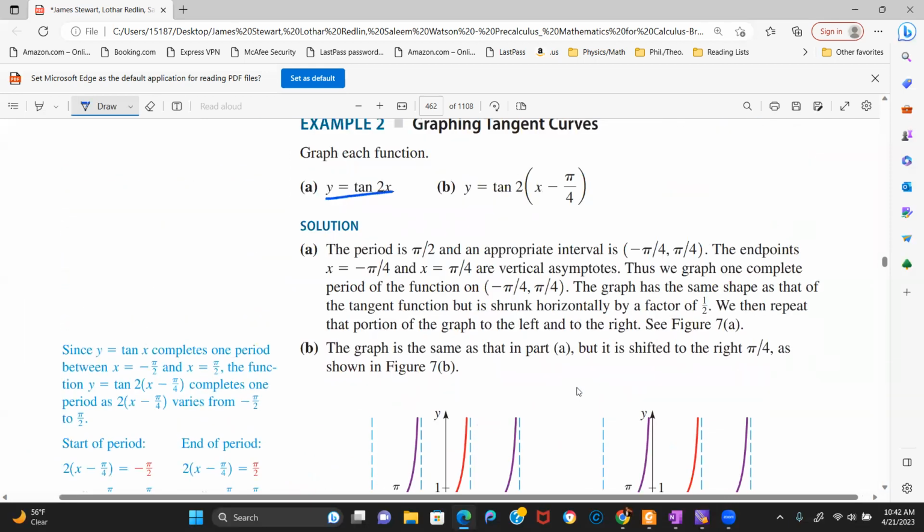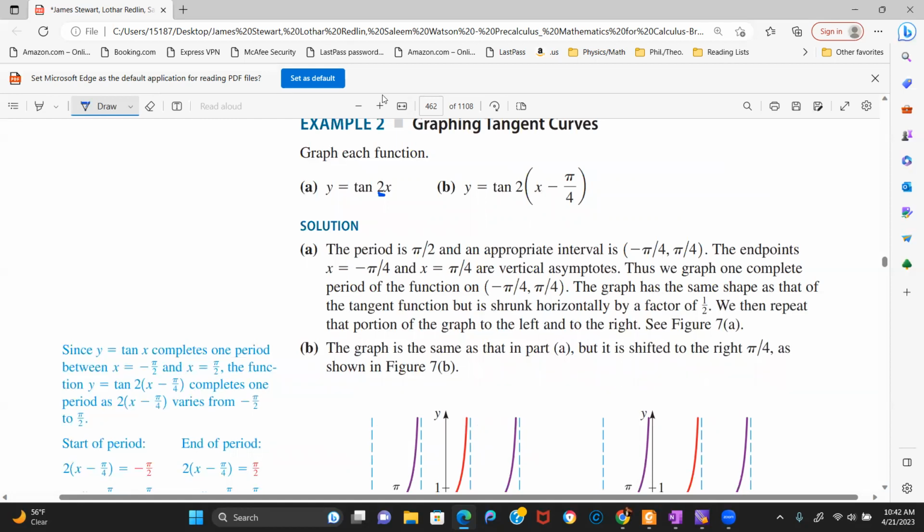So we want to graph y is equal to tangent 2x. The 2 is going to change the period. It corresponds to a horizontal shrink.